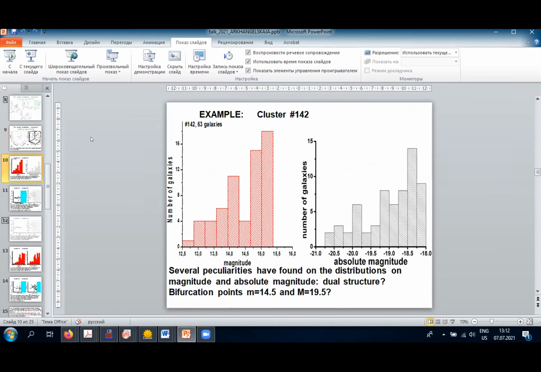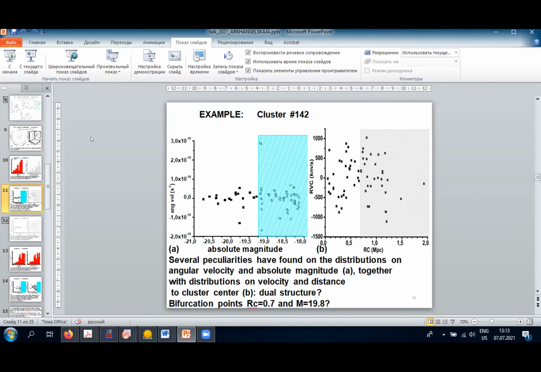This slide shows an example of peculiarities in the distributions of members of galaxy clusters on magnitude and absolute magnitude. This example is for cluster number 142. This example shows peculiarities in the absolute magnitude distribution on angular velocity, and the distribution on velocity of galaxies and distance to the cluster center.